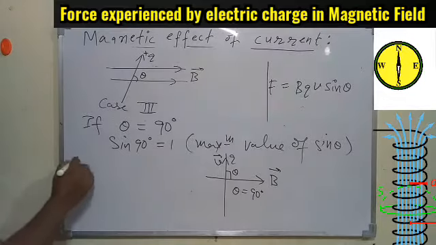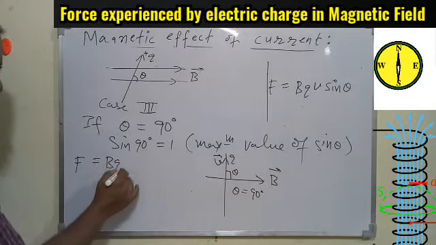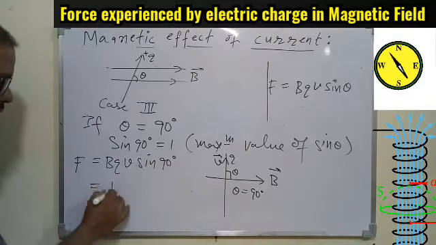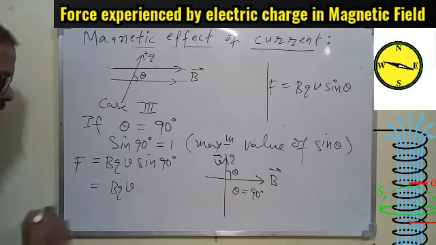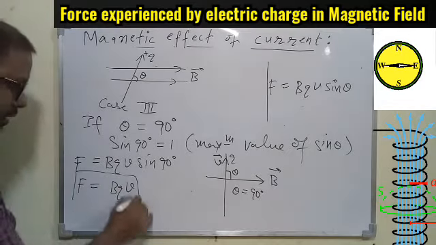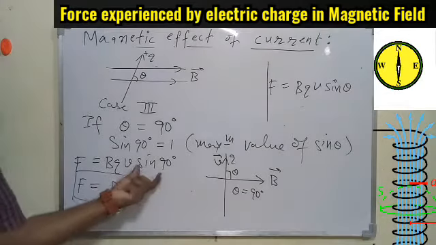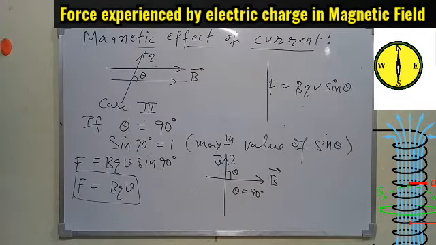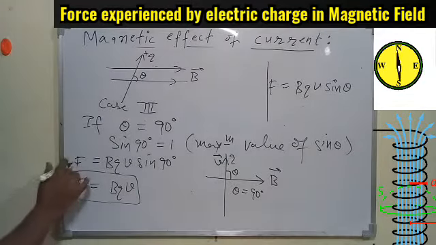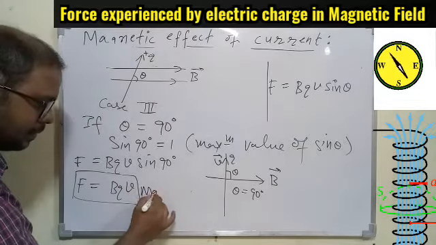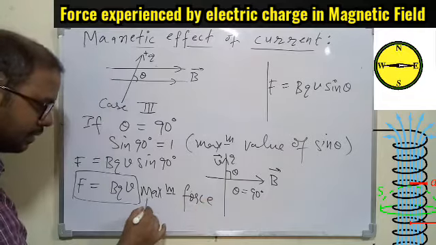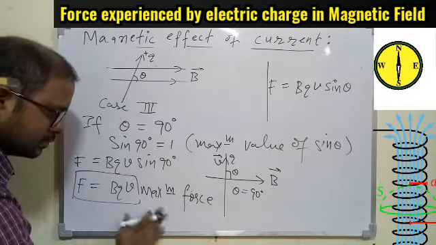What will happen? The force will be BQV sine 90 degree, that is BQV. Since this is the maximum value of sine theta, this is the maximum force experienced by the charge.